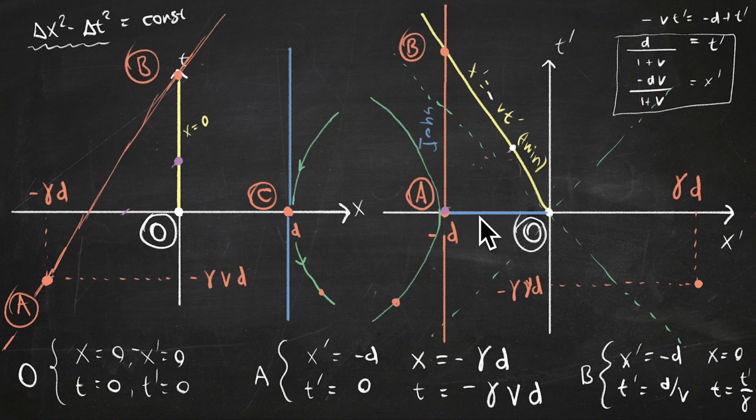I guess another thing we could draw in is the world line of the spaceship. So this is all the points which exist on the spaceship, I think is what you're saying. That's going to be a continuum of events.